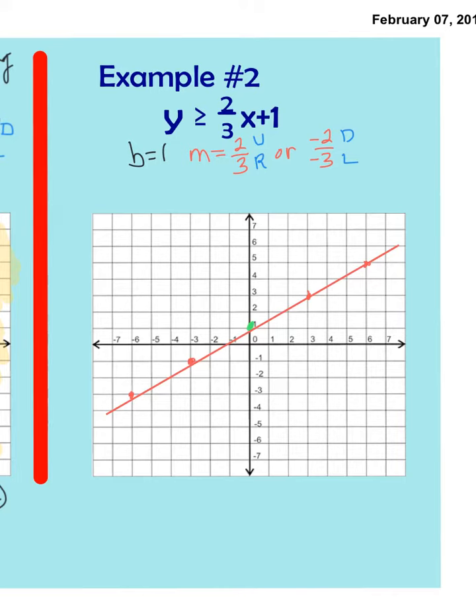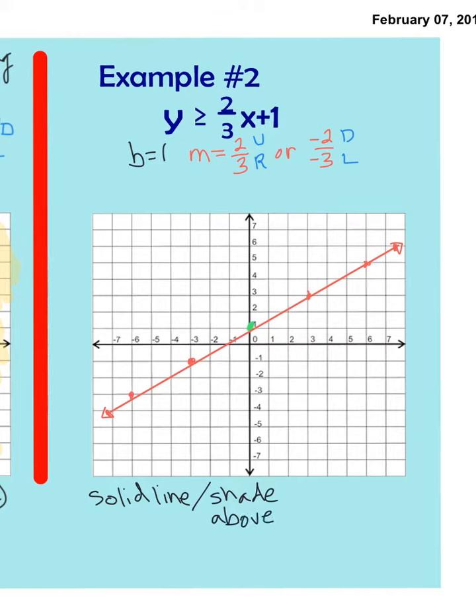I'm going to put arrows on the end of that line. And so I have a solid line. And then because it is a greater than or equal to, we are going to shade above.